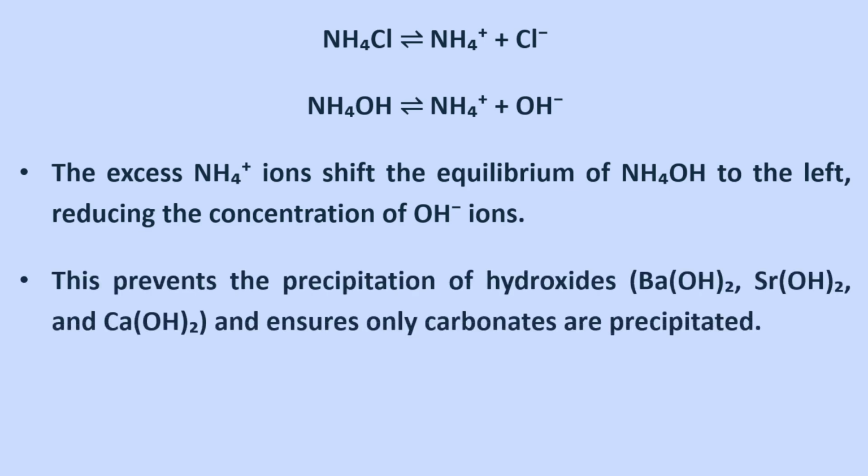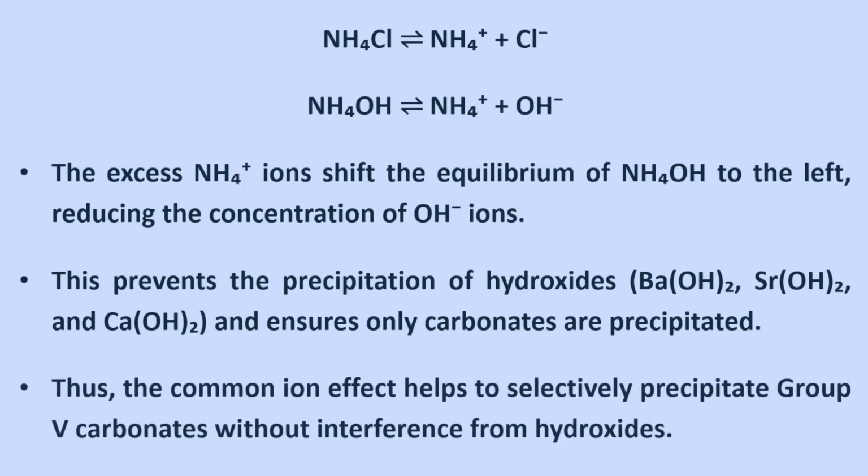This is very important because if there is a very high concentration of hydroxide ion, then these three cations will precipitate as their hydroxides, like barium hydroxide, strontium hydroxide and calcium hydroxide, without the formation of their carbonate salts. And we don't want this. We want only the carbonates to precipitate. So by controlling the hydroxide ion concentration using the common ion effect, we ensure that only group 5 carbonates are formed, making the test selective and accurate.